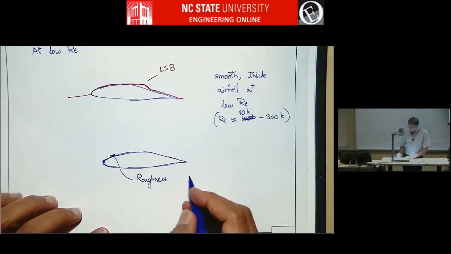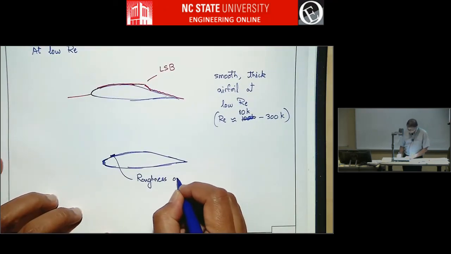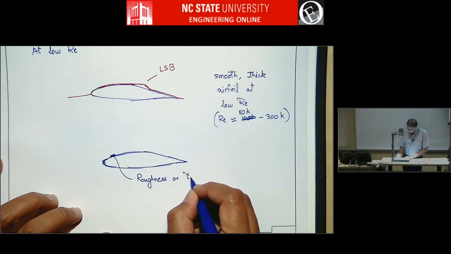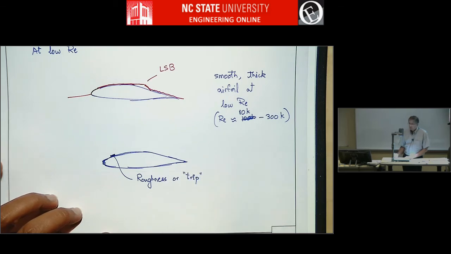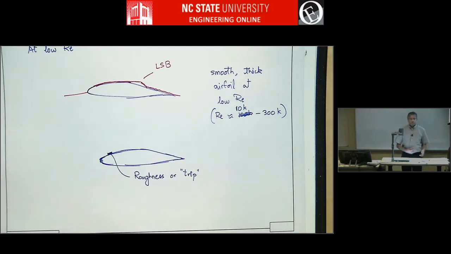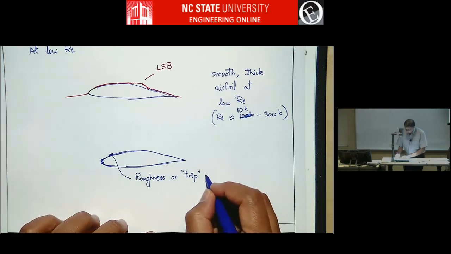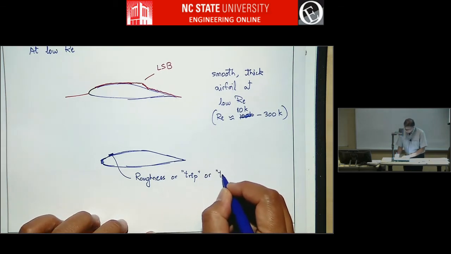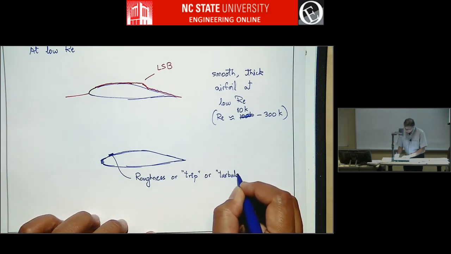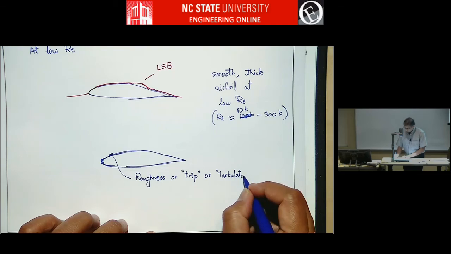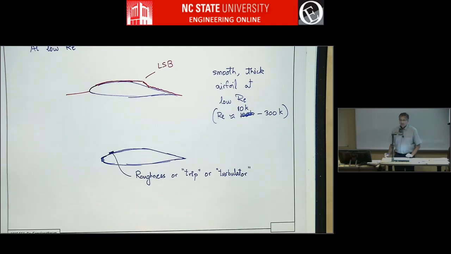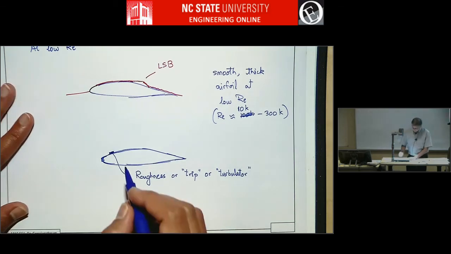So this roughness is sometimes also called a trip, because it sort of trips the laminar boundary layer. Sometimes it's called a turbulator. Because it makes the laminar boundary layer turbulent.